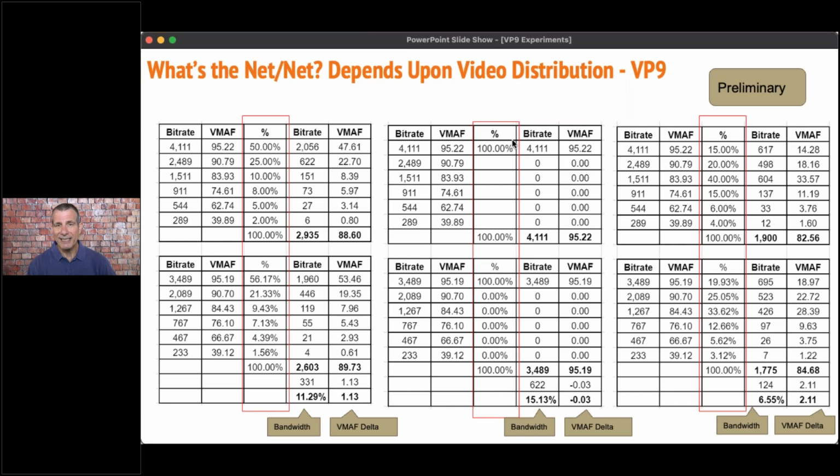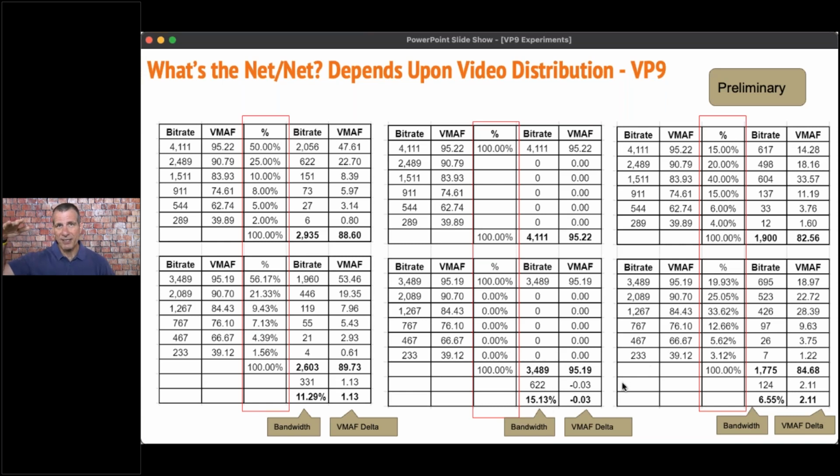Here, this is an HDTV or an IPTV case where you've got cable to the home. 100% of the clips get delivered at this rate, and we see the maximum possible savings between VP9 and H.264 because we're harvesting all the savings in the top quality rung, and that's the 15% number here, and minimal quality difference.